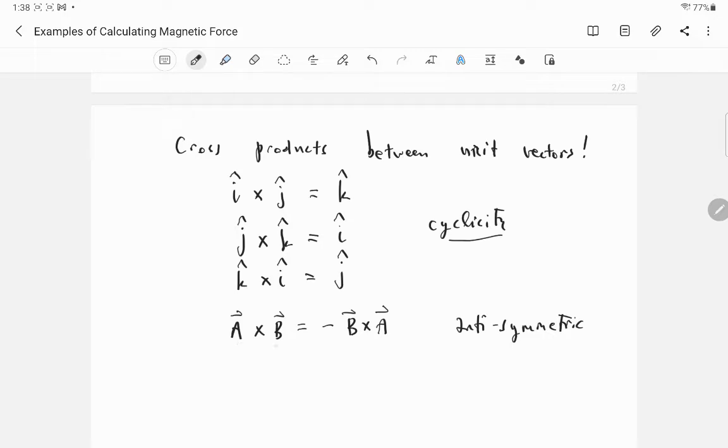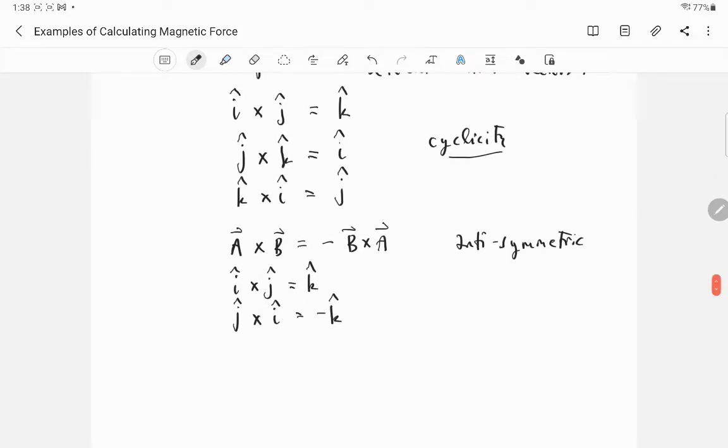Notice that A and B aren't necessarily unit vectors, although it is true with unit vectors as well. For example, i hat cross j hat is equal to k hat, and j hat cross i hat, you see I just switched the order, is equal to negative k hat. So it's a truism for unit vectors, but it's just generically true for any vectors A and B.